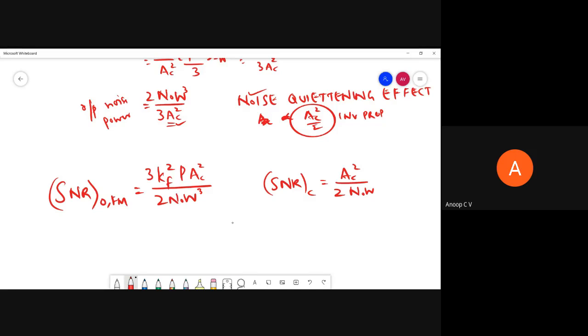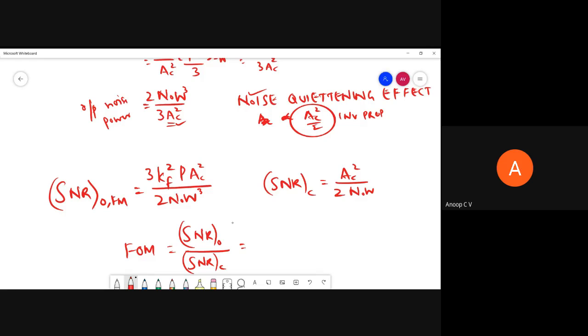So the figure of merit, FOM, will be equal to the SNR at the output divided by the SNR of the channel, right?